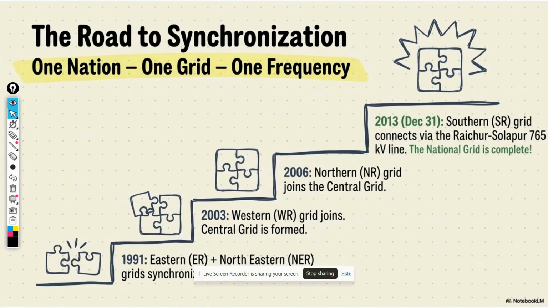This resulted in the national grid of India. The final synchronization was completed in the year 2013, when the Southern Grid was connected to the rest of the country. This achievement is popularly known as One Nation, One Grid, One Frequency.